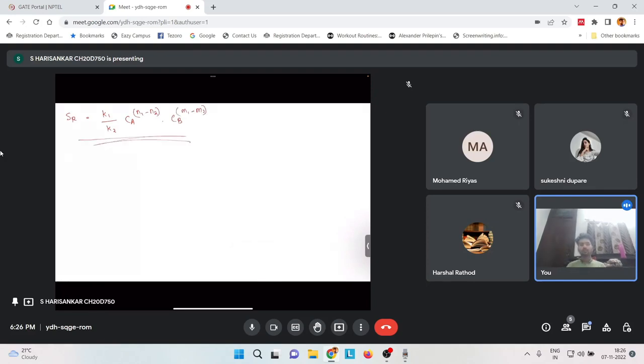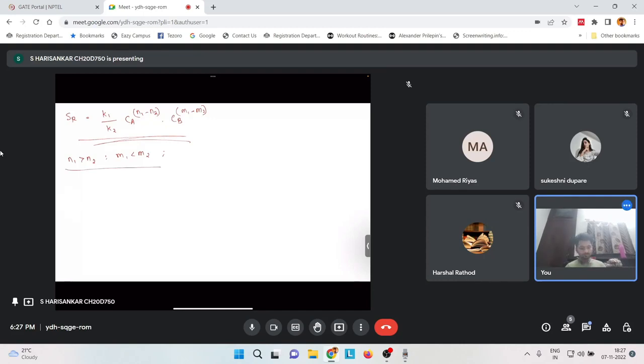And we can again have a lot of different cases, like let's say one case will be N1 greater than N2, but M1 will be less than M2. So based on this, how can we introduce the concentration such that we can maximize the selectivity? So let's say N1 is greater than N2.